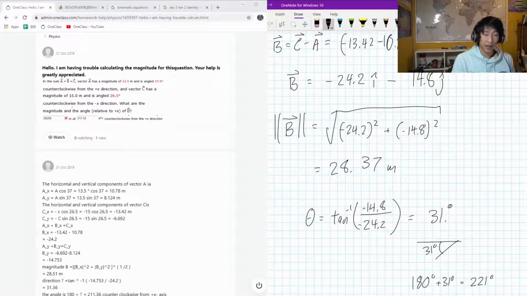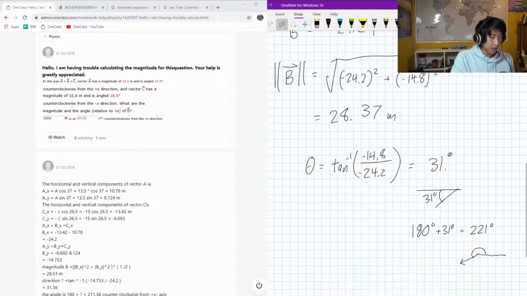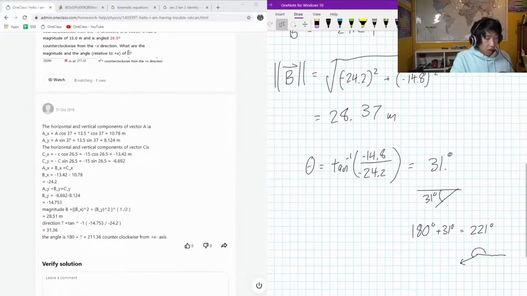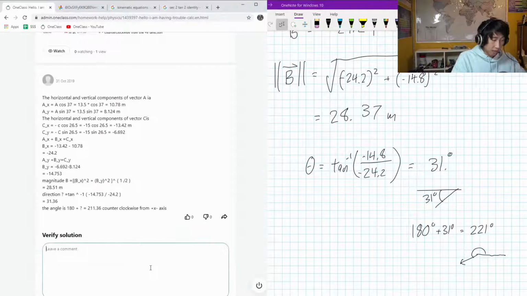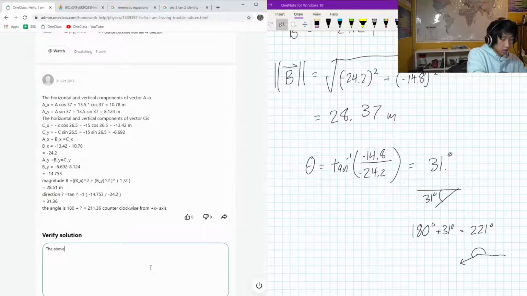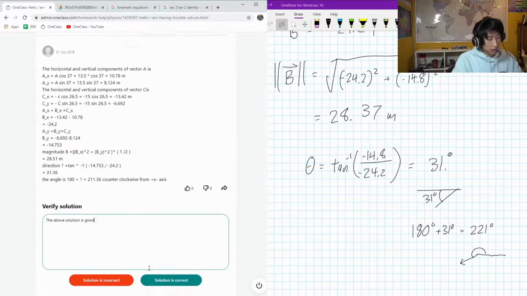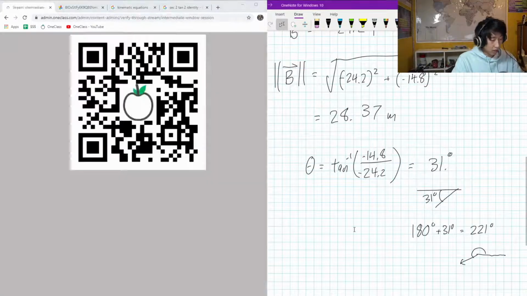Okay, so that's going to be the angle of B and the magnitude of B. The calculations here are congruent with mine, so that's awesome. So here, the above solution is good. Awesome. Big high five.